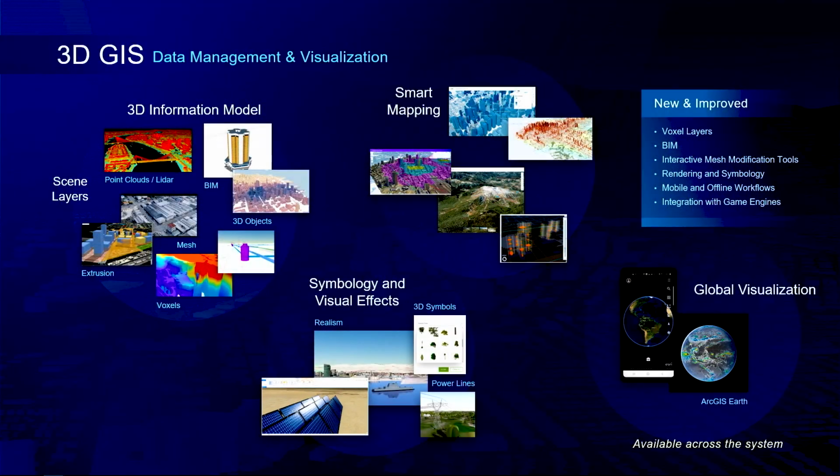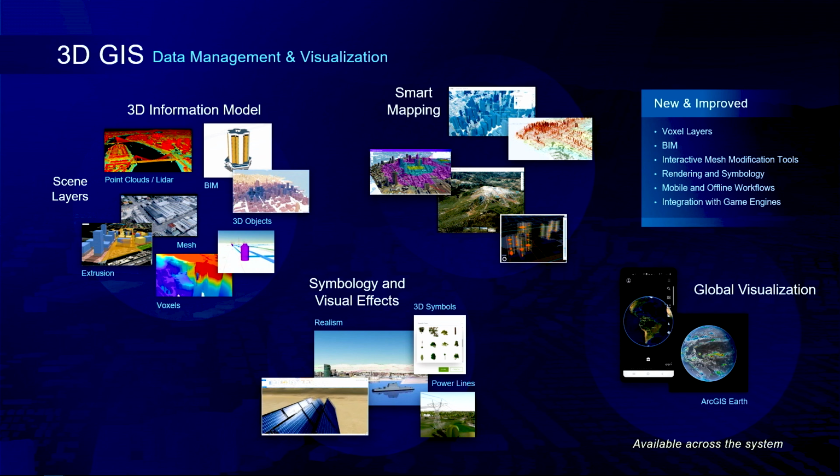ArcGIS is a complete 3D GIS that allows you to manage, visualize, and analyze 3D data. The 3D GIS information model includes 3D point clouds, textured or integrated meshes, and 3D objects, as well as voxels and BIM.